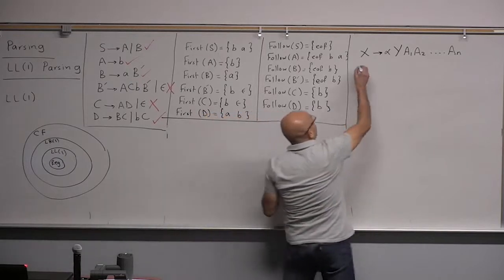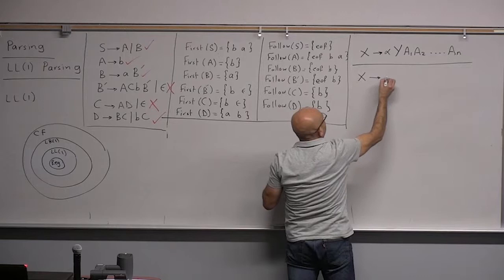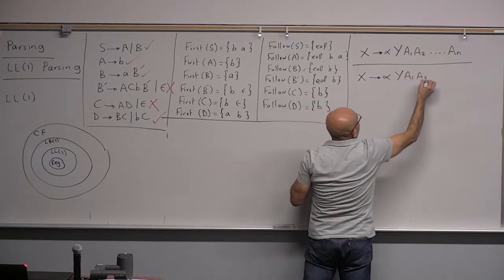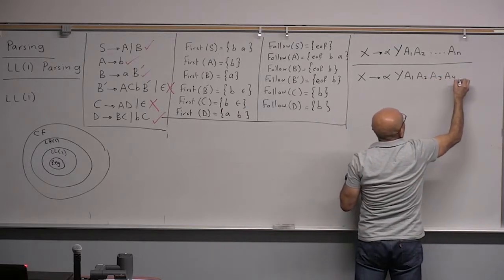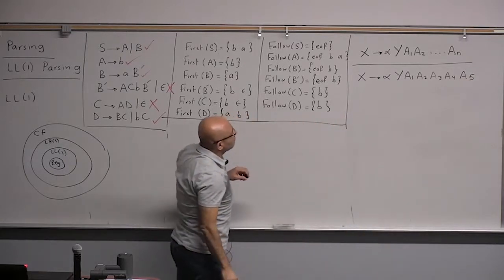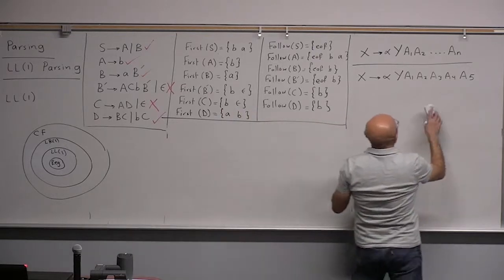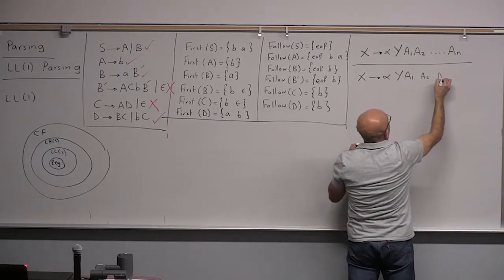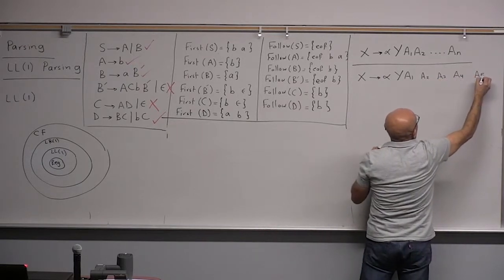So let's look at a more concrete example: X is alpha, Y, A1, A2, A3, A4, A5. I'll just rewrite them with more space.